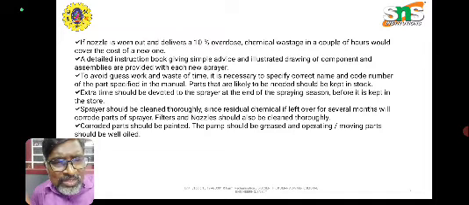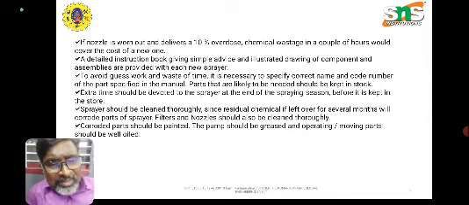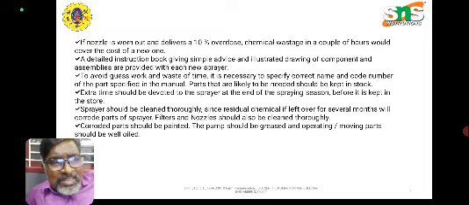The sprayer should be cleaned thoroughly, since residual chemicals left over for several months will corrode the parts of the sprayer. Since we are using it for the application of chemicals, if it is not cleaned thoroughly, what will happen when it is kept idle for a few months after the spraying season? The chemicals present in the sprayer will cause a chemical reaction, thereby corroding the parts of the sprayer.